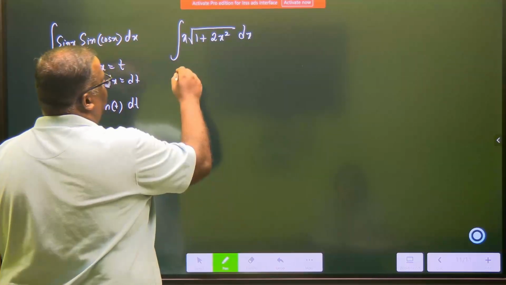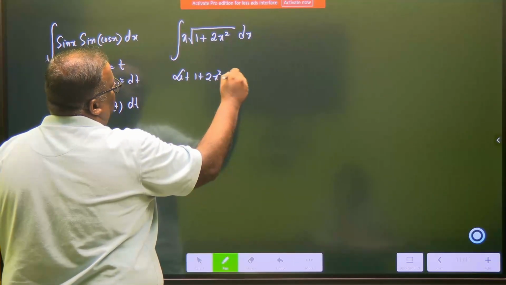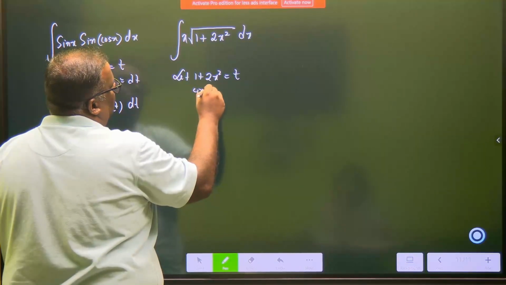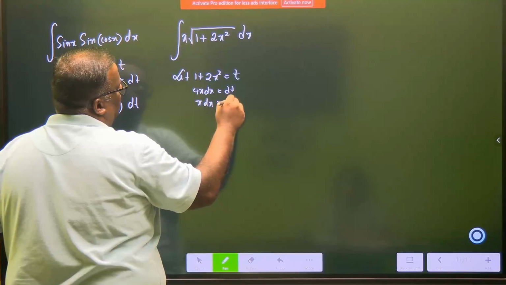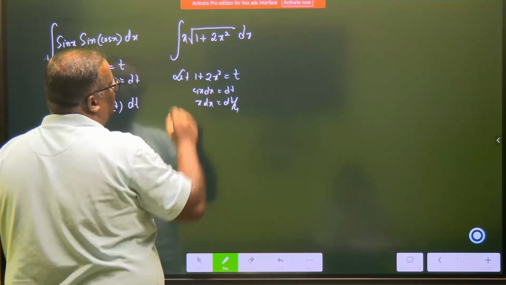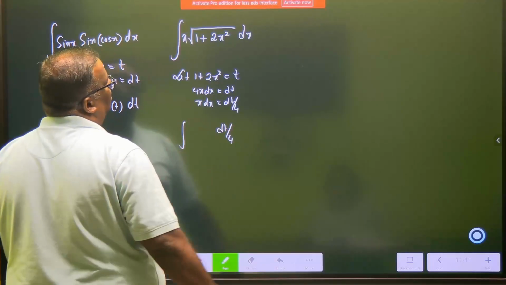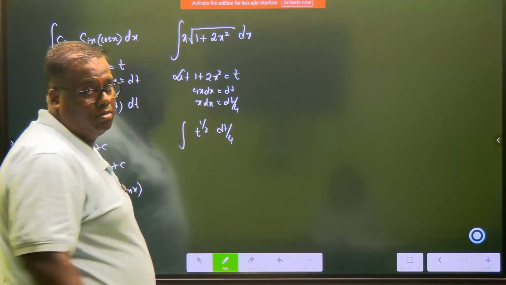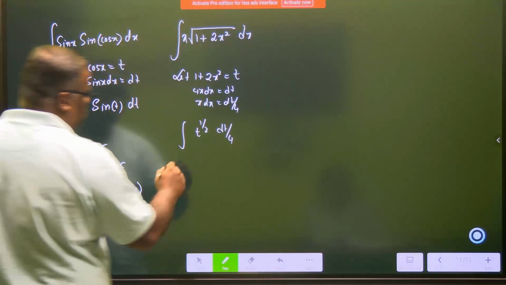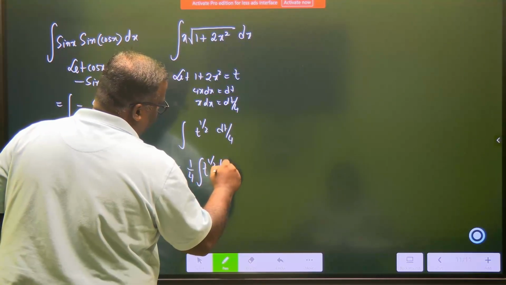So I write this. So you get 1 by 4 integral t to the power half dt.